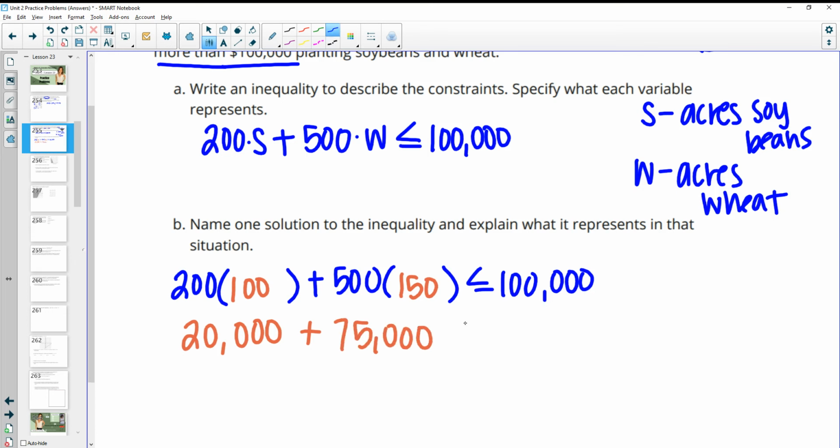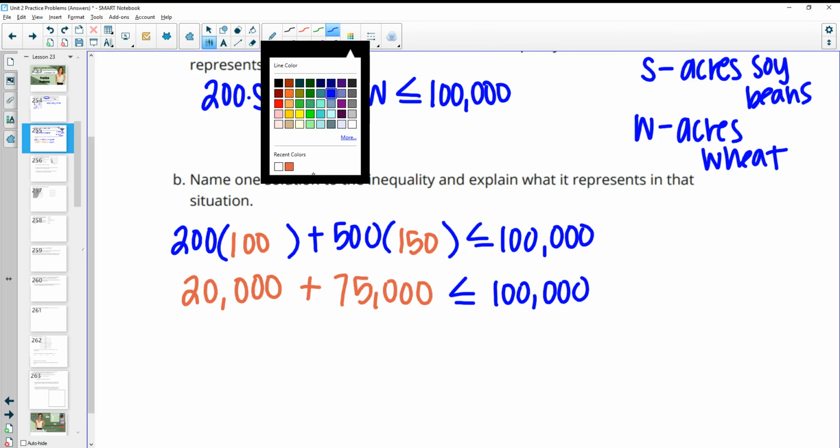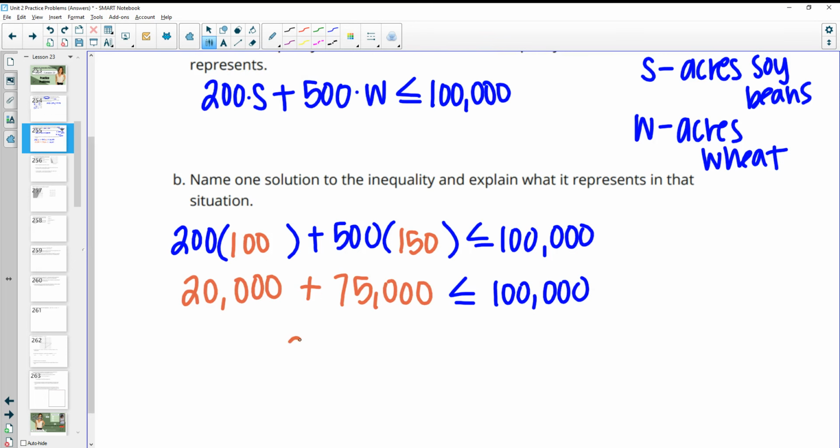And we just need to check that that total is less than or equal to 100,000. So when I add those together, 20,000 plus 75,000, I get 95,000, which was pretty close to that 100,000, but still less than 100,000. So that is a solution.